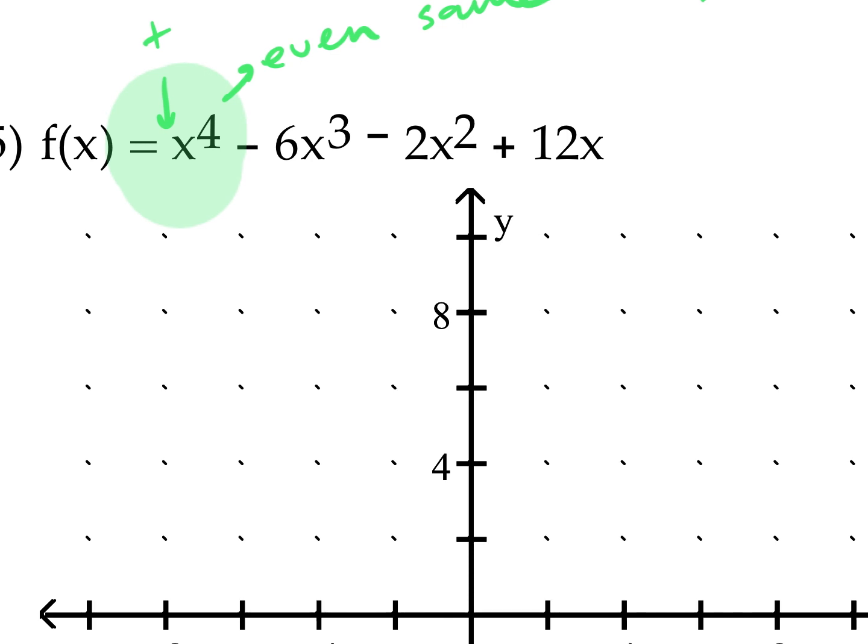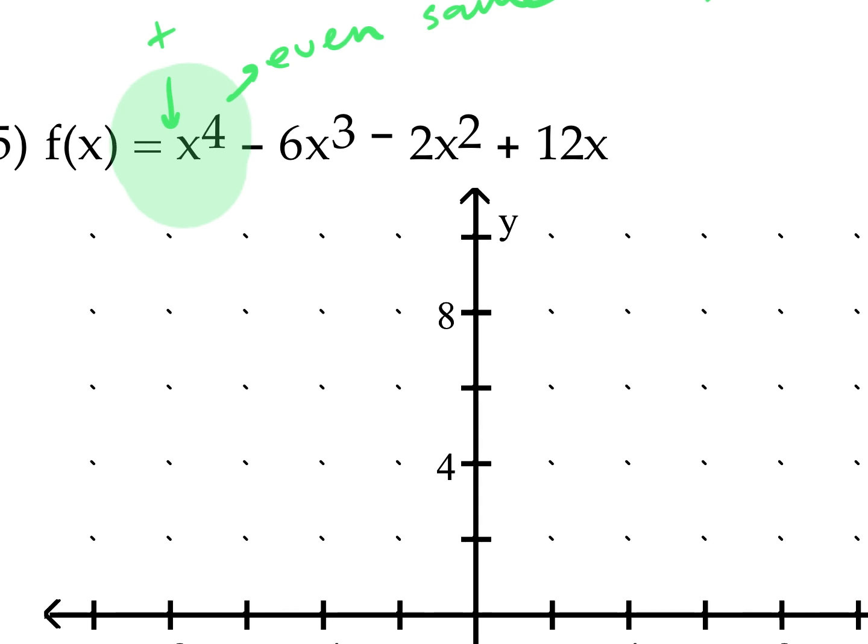So when you have 4 terms, we always want to check and see if we can factor by grouping. So luckily here we can. I'm going to group the first 2, group the second 2. In my first group, I can take out an x cubed, and I'm left with x minus 6.